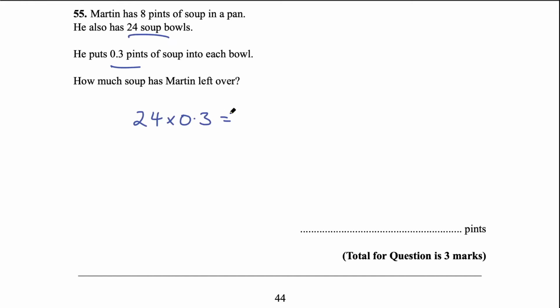So 24 times 0.3 is going to be 7.2. And then, well, if we started with 8 pints and we gave out 7.2, we'll be left with 0.8 pints, or 0.8 of a pint.